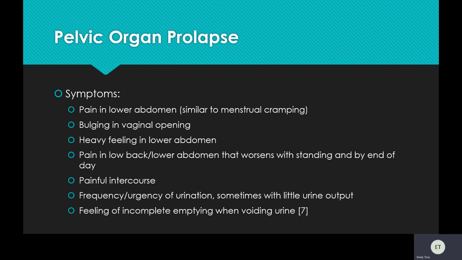So sometimes when there's an entire organ pushing down, or part of your intestines pushing down, your brain gets a signal saying you have to void, even though you don't, because there's no full bladder. It's just that there's an organ pushing down on you. So that sometimes produces an urgency where, even though there's not much urine in your bladder, you still feel like you have to go.